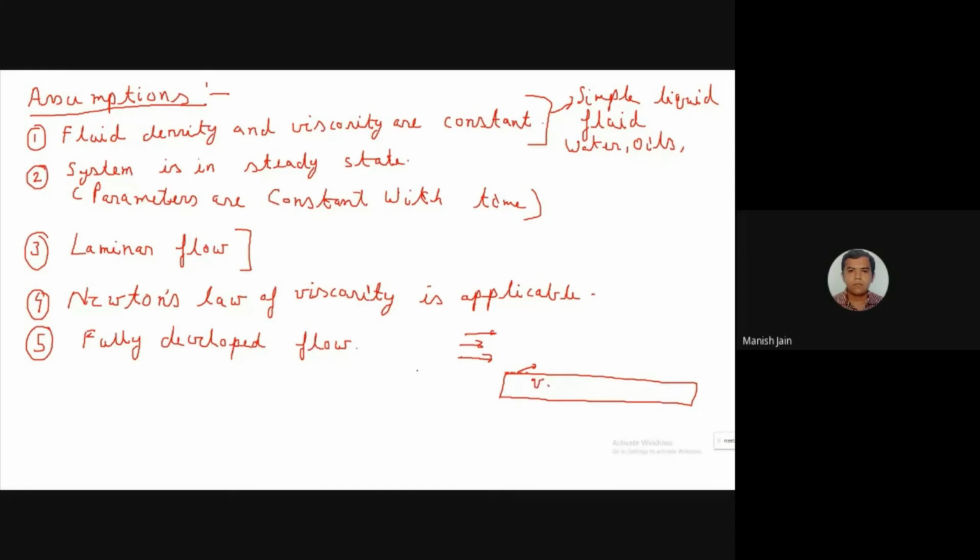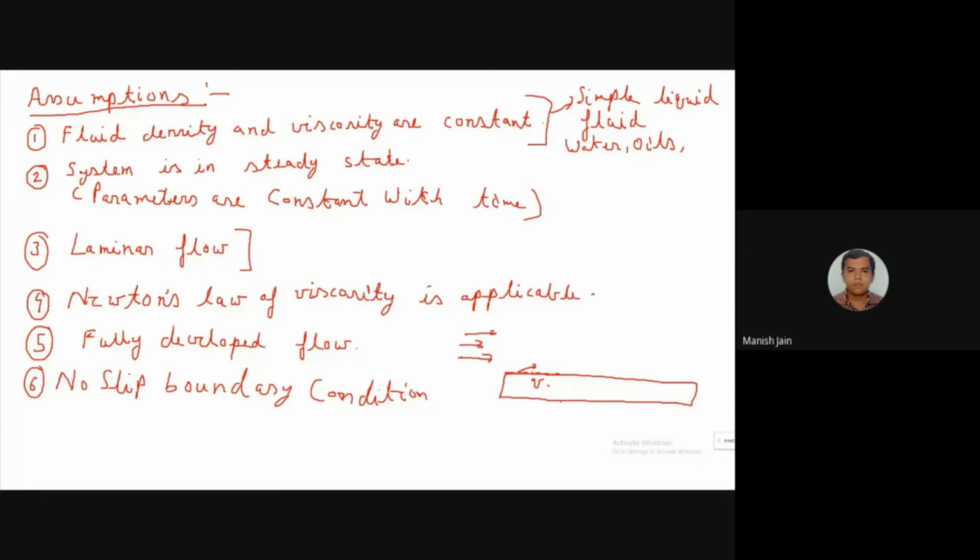So that is called the no slip boundary condition. That is also an assumption here, and the no slip boundary condition is applicable. Whenever the fluid comes in contact with a solid body, due to the friction, the velocity of the adjacent layer will become the same as the velocity of the solid surface.